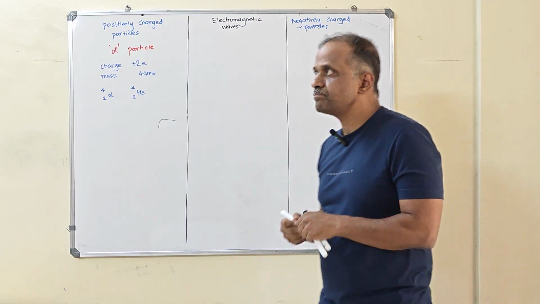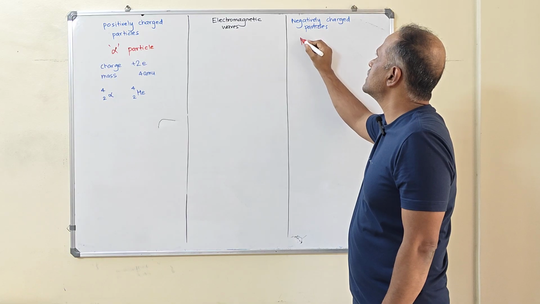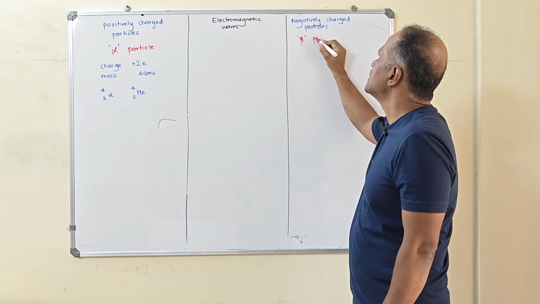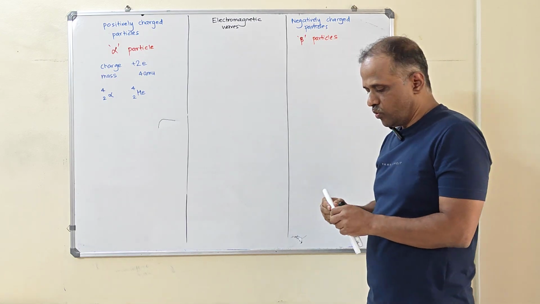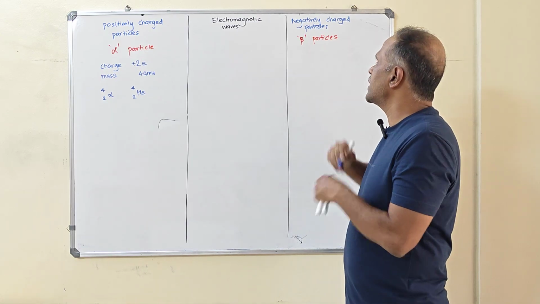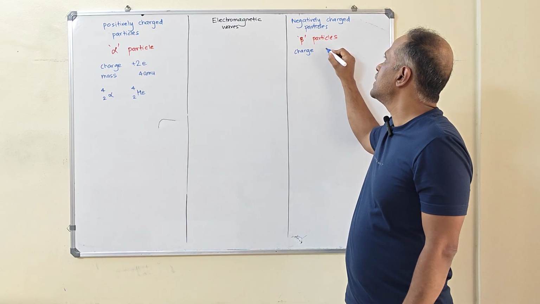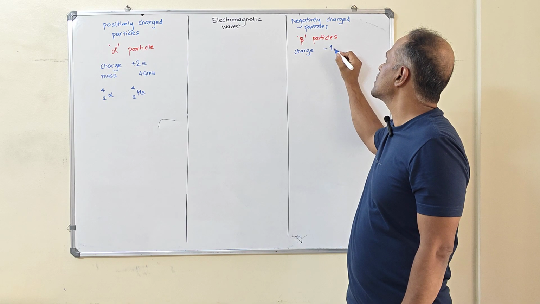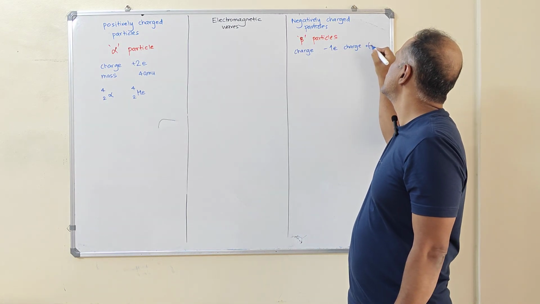Then what about the negatively charged particle? They were called beta particles. Now, what is the charge on beta particles? The charge on a beta particle is the charge of an electron.